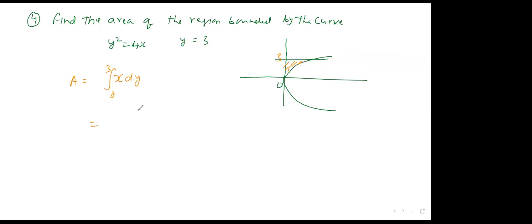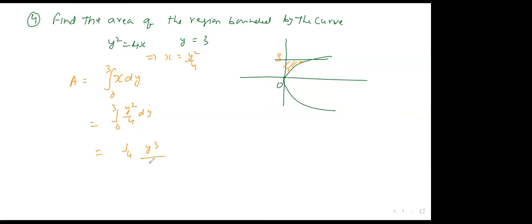So x is y square over 4, from x equals to y square over 4. So this will be the integral of y square over 4 dy from 0 to 3. So 1 by 4 can be taken outside.